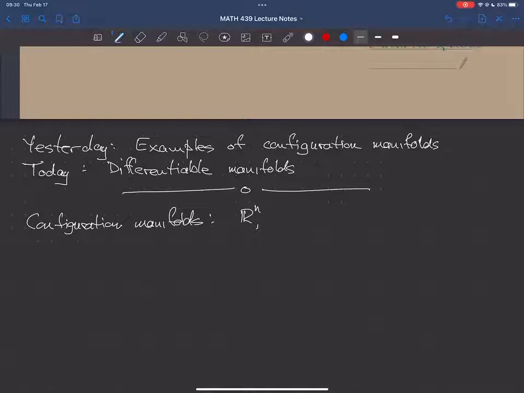We had examples where the configuration manifold was a circle, which we can think of as a one-dimensional sphere, if you wish, where an n-dimensional sphere is defined like so. We had examples where the configuration manifold was a product of finitely many copies of circles.